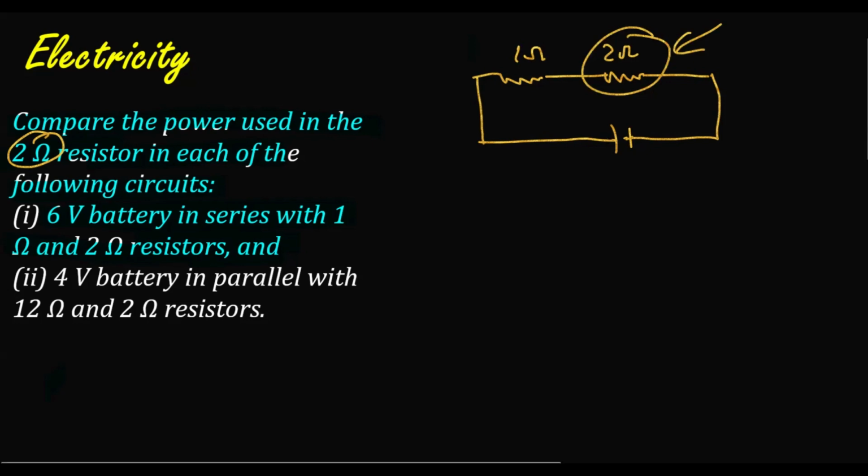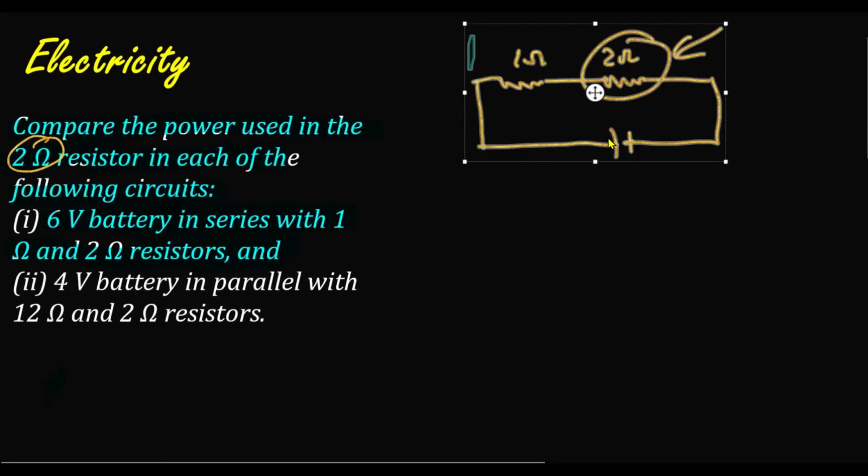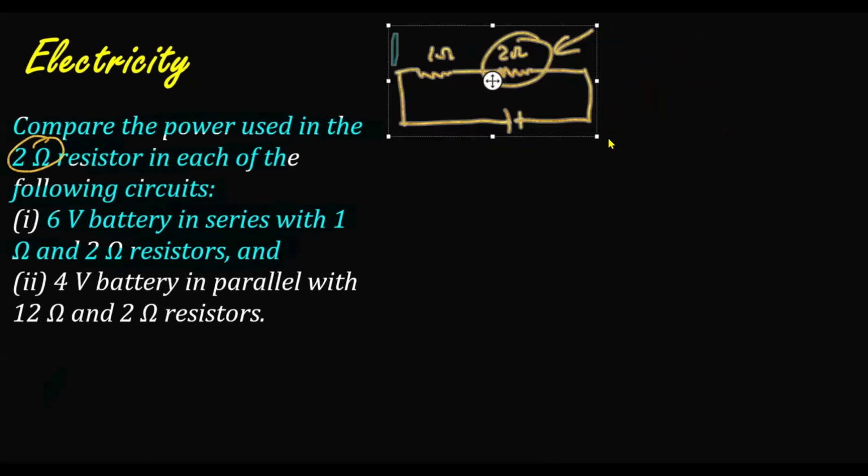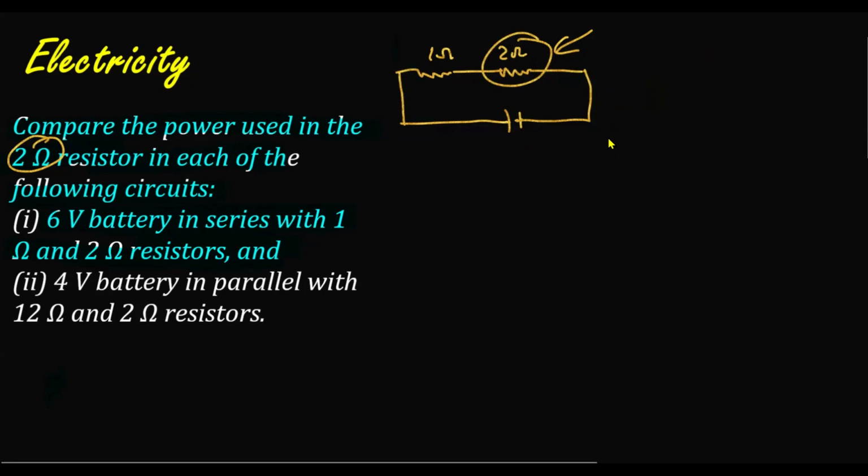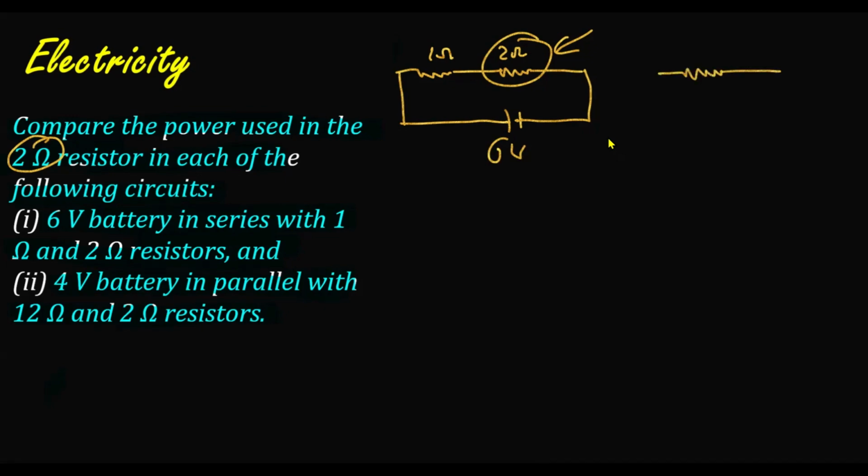And similarly, there is another case, that is case 2. As you can read in the question, here the devices are connected differently. Let's read the other one: a 4-volt battery in parallel with 12 ohm and 2 ohm resistors. In the first case, the voltage supply is 6 volt, and in the second case, the two resistors this time, one of 12 ohm and the other of 2 ohm, are connected in parallel with the circuit.